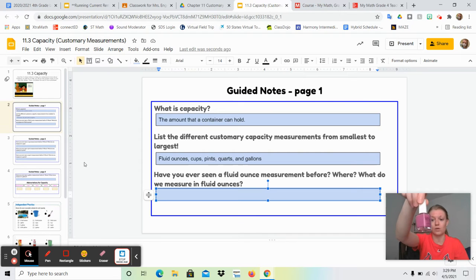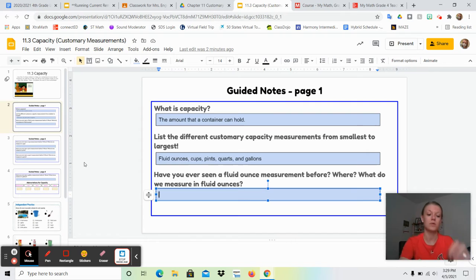I always thought it was a whole fluid ounce, but it says on here, I don't know if you guys can see that, 0.5 fluid ounces, which in decimals, 0.5 is 5/10. 5/10 is 1/2. So half a fluid ounce for nail polish.